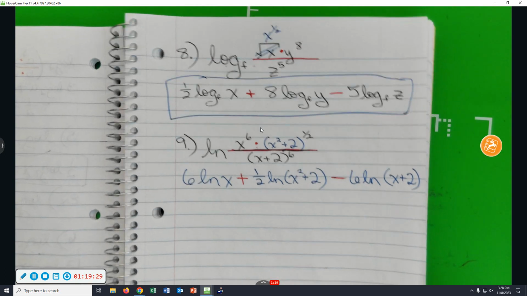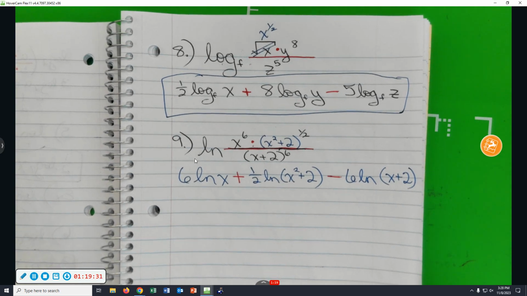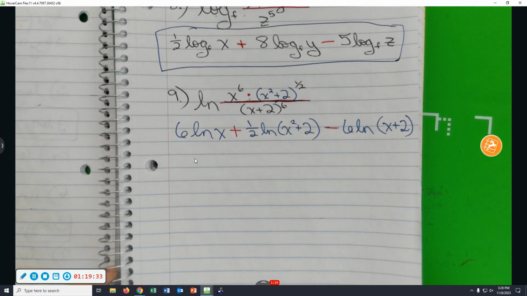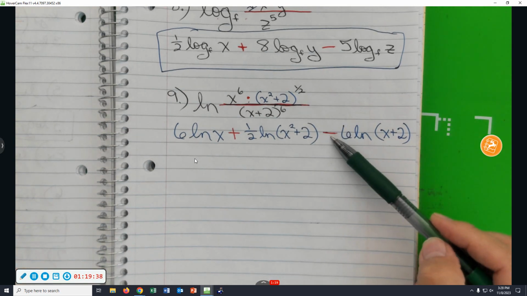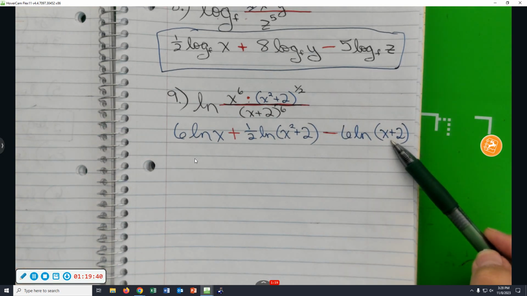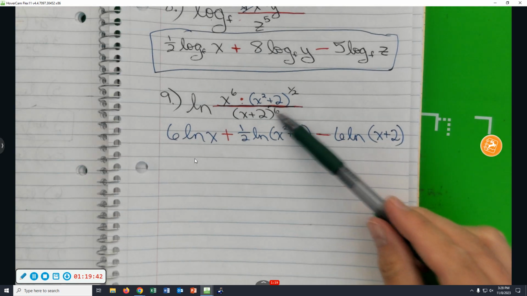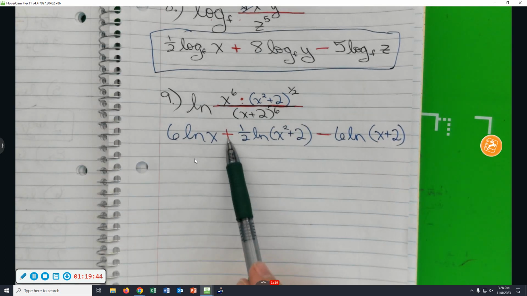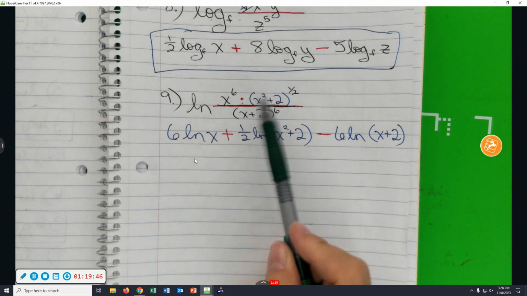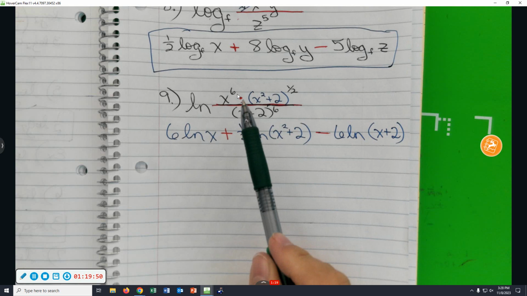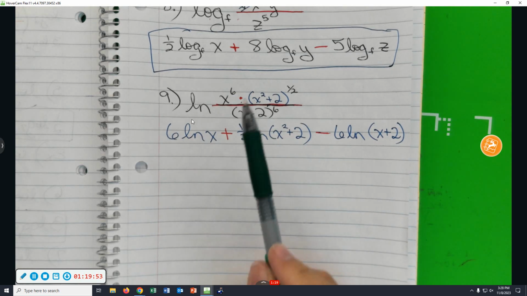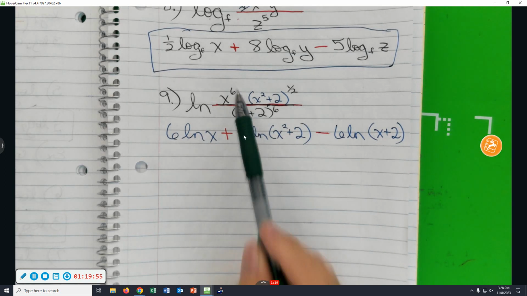The formal name for this is condensing logarithms. Remember, if it has a minus preceding it, where does the argument go? In the single logarithm, it goes on the bottom. If it has a plus, the argument goes on top. If it has a coefficient, where do the coefficients go when you're going backwards? The coefficients become the exponents.